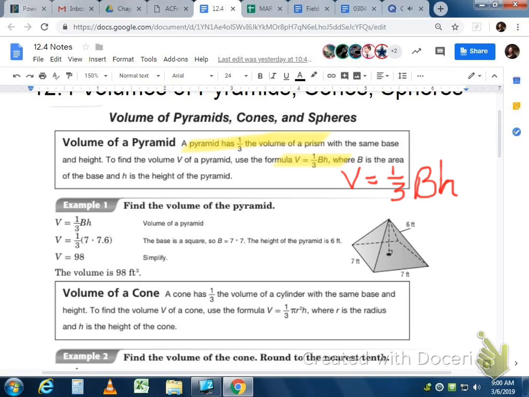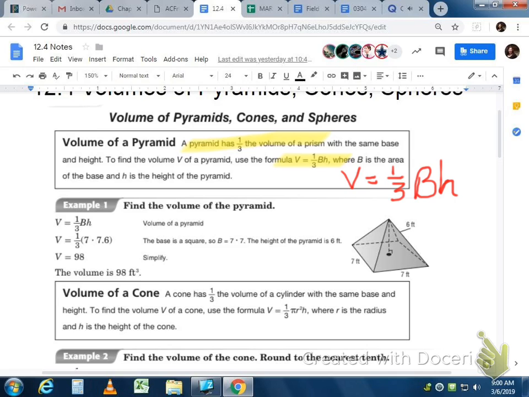So when we did a prism, it was big B times H. Well, now we're doing a pyramid, so it's 1/3 big B times H. There's a question as to what that base is. You have to know all of the formulas for the bases.